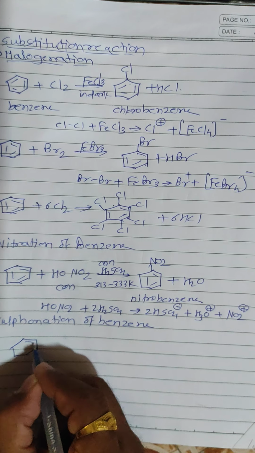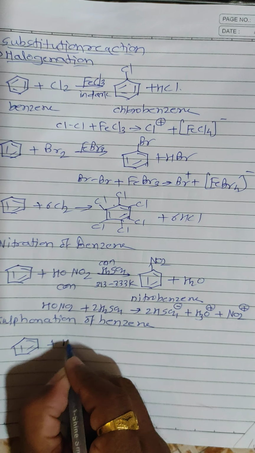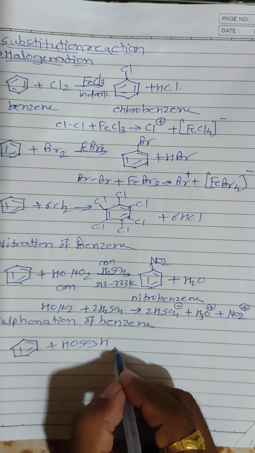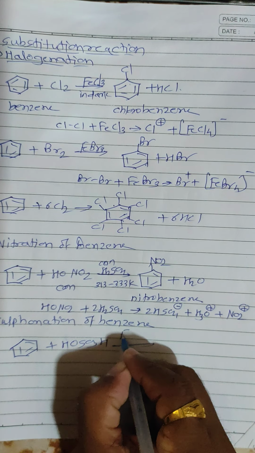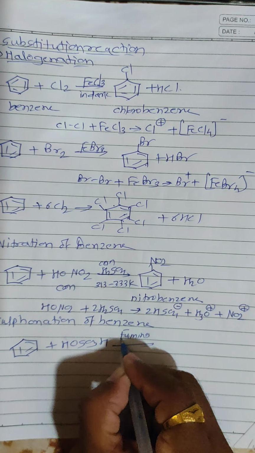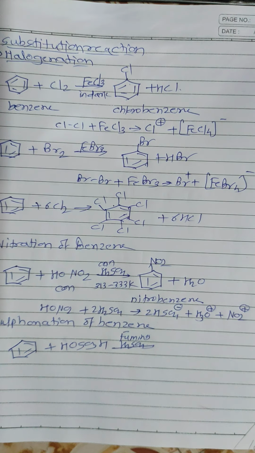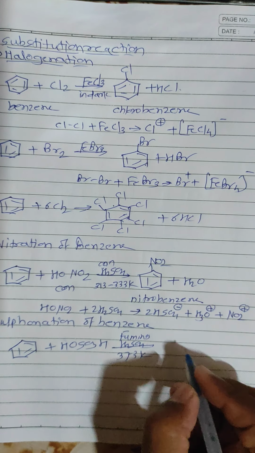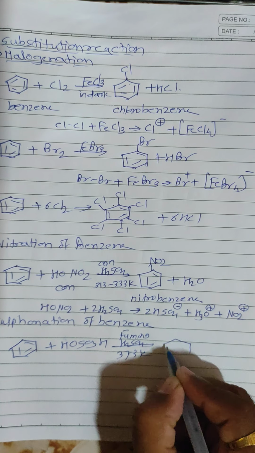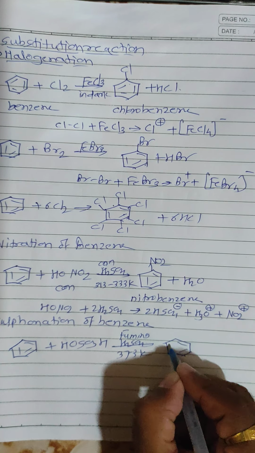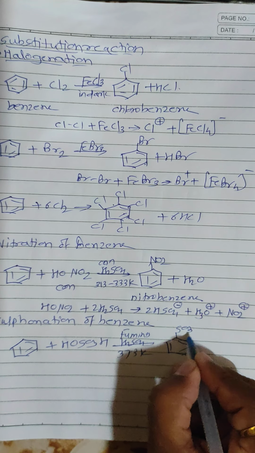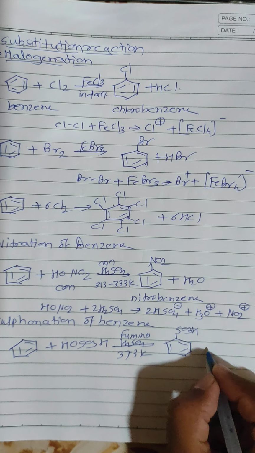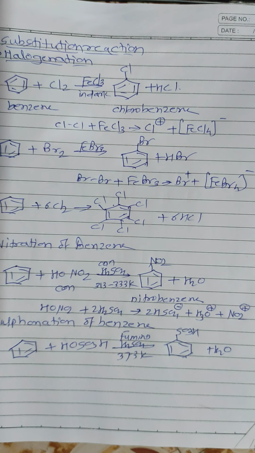In this case, benzene is treated with HOSO3H, fuming H2SO4. They react at about 373 Kelvin to form benzene sulfonic acid, SO3H, plus H2O.